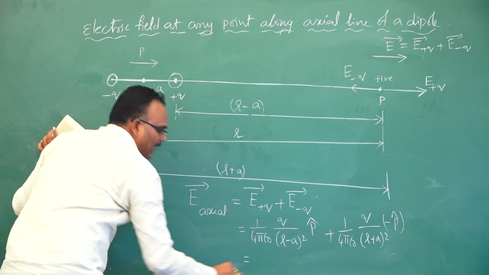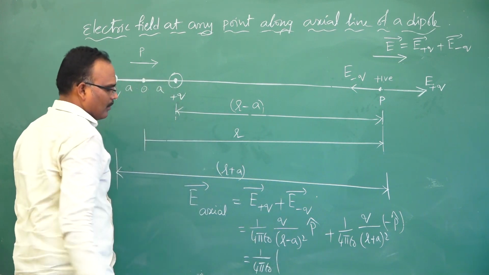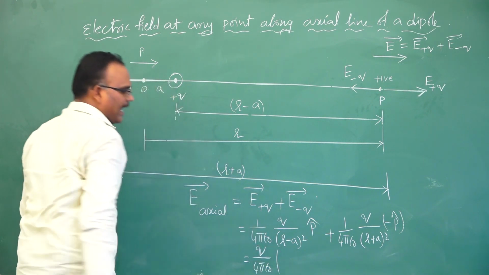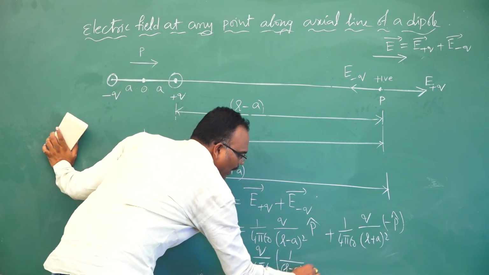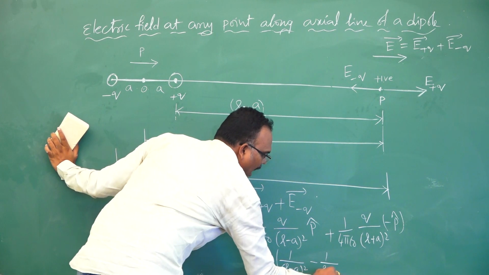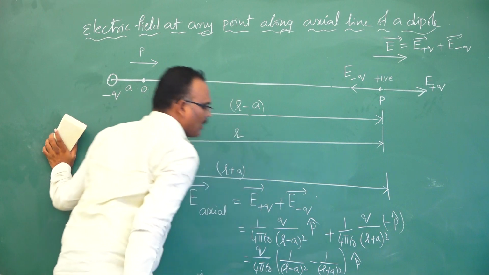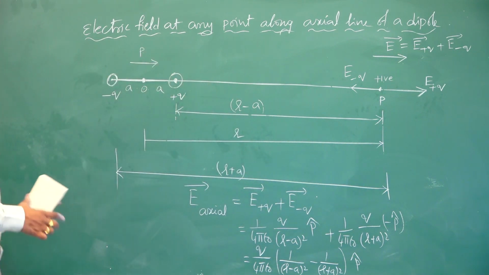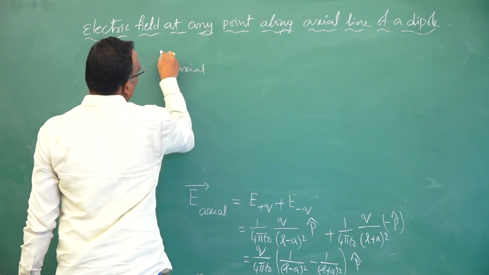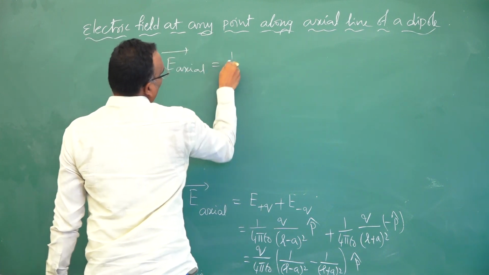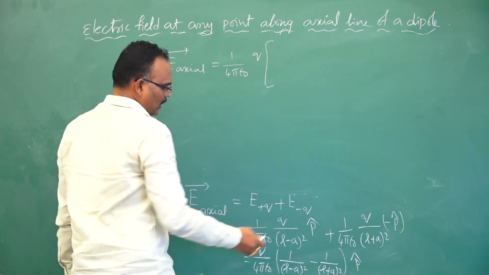So I can take 1 by 4 pi epsilon naught common here, and q also I will take, then 1 by (r minus a) whole square minus 1 by (r plus a) whole square into p cap. P cap also I have taken common. Electric field at any point along the axial line is 1 by 4 pi epsilon naught q into, take LCM.